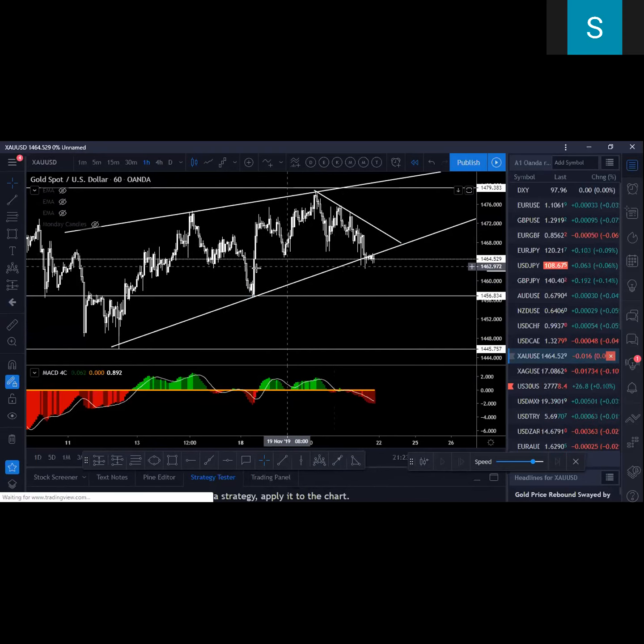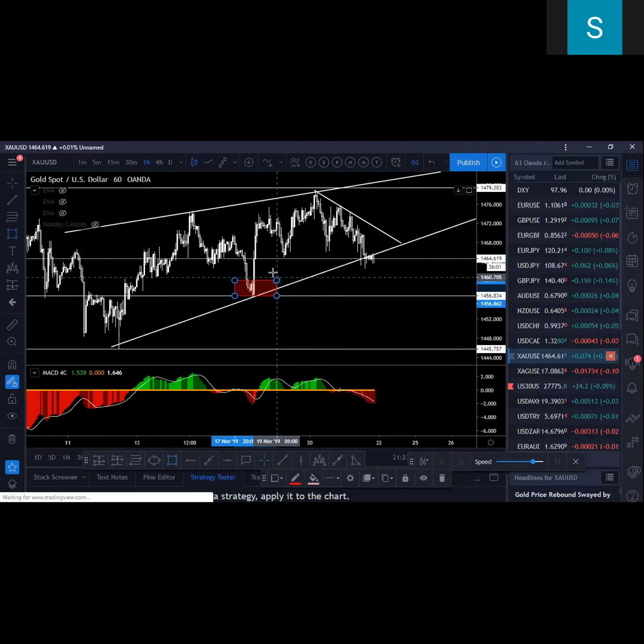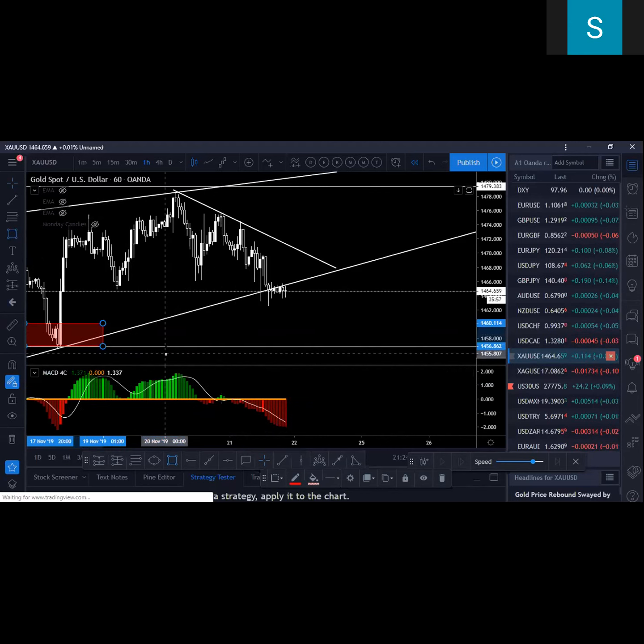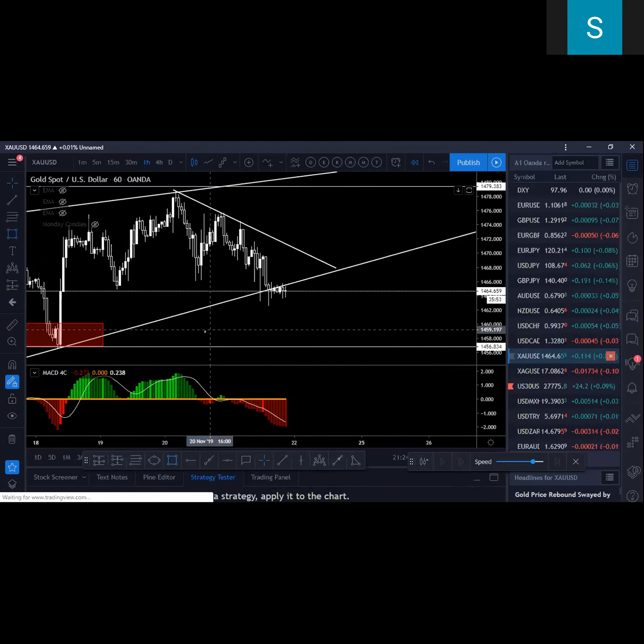So we got current market here, and let me use this swing point right here. If I draw a rectangle on the candles, I got my zone.